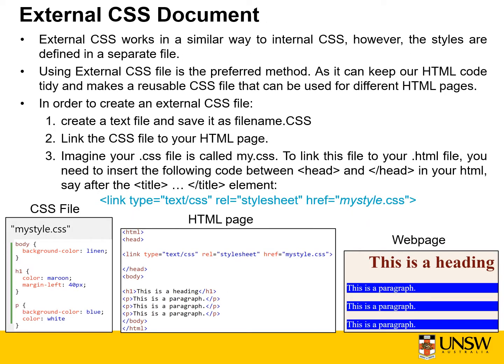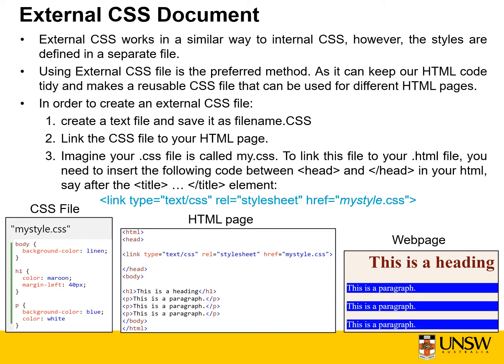External and internal CSS work in a similar way. I mean, they apply to all the elements with the same name, class, or ID. However, external CSS code is written in a separate file. Then it is linked to the desired pages.